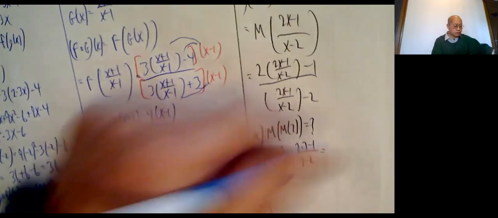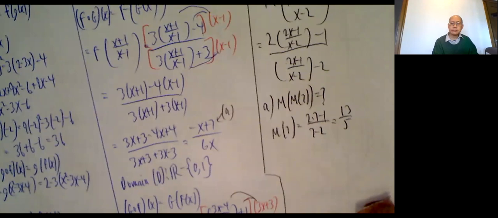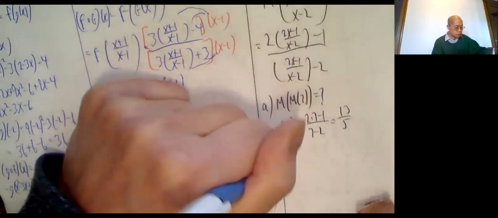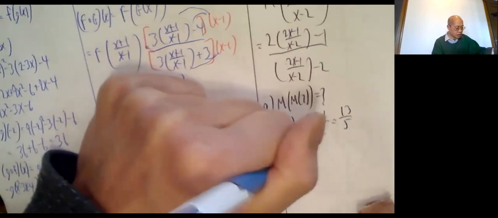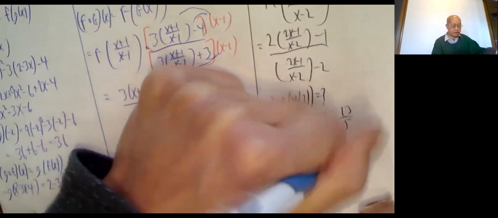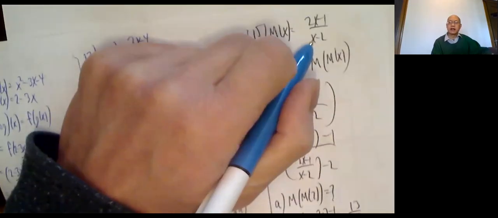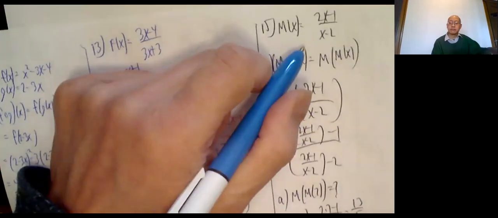So that's 14 minus 1 is 13. 13 over 5. So m of 7 is 13 over 5, and now I want m of 13 over 5. So I put 13 over 5 here and here and clean it up.